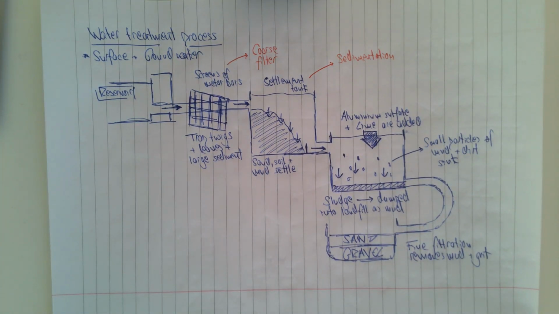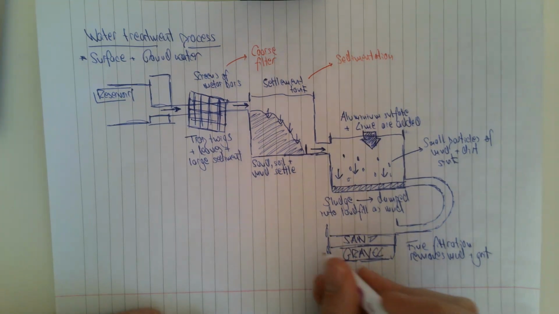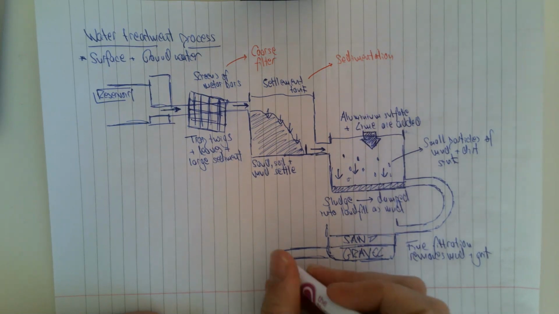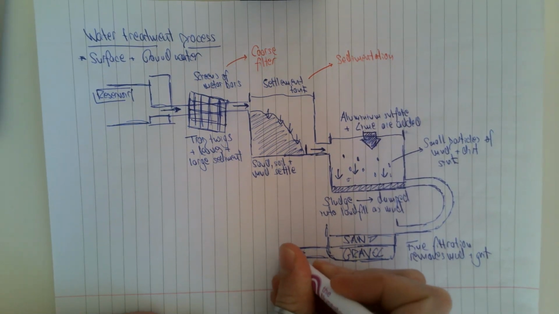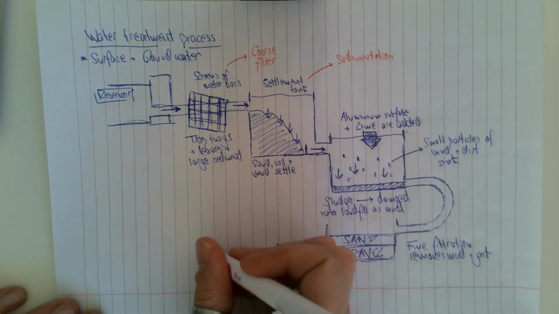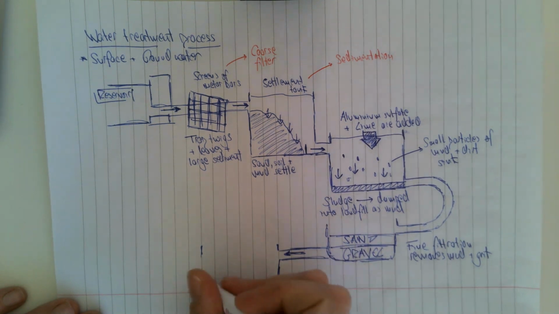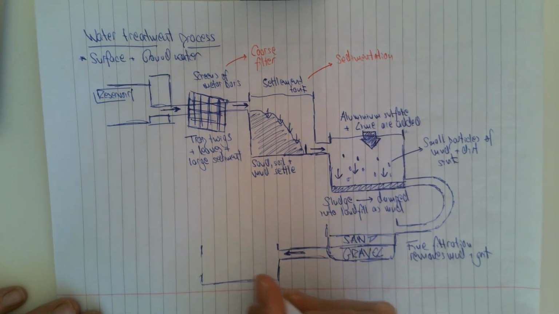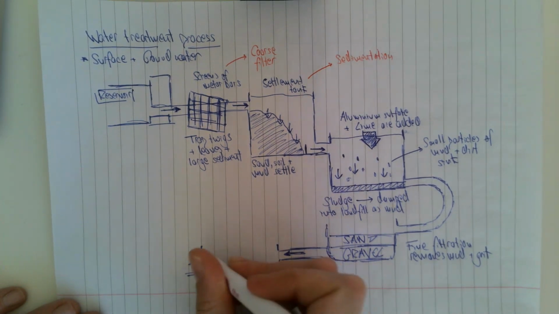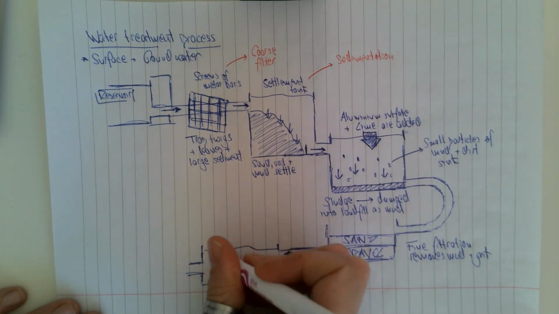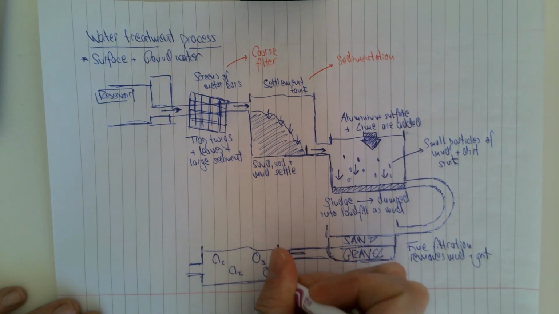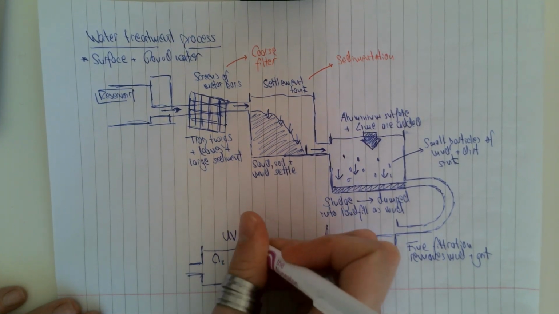And then we move on to our last couple of stages before water becomes safe and usable. And that is the process of chlorination. So the water is then exposed to several different things. So it's exposed to chlorine, ozone gas, and also UV light.